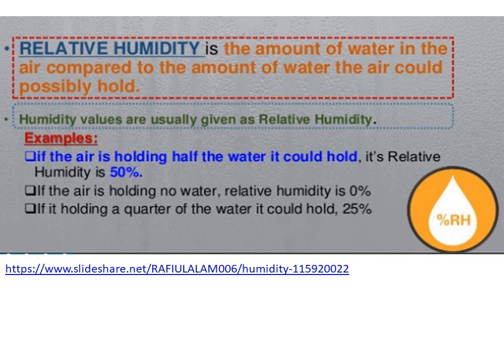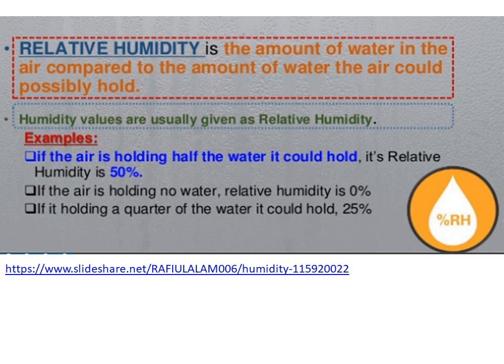So, tingnan nyo po yung drawing dito. Sa baba, merong bilog, tapos may nakasulat %RH or relative humidity. Ibig sabihin, for example, meron ka ditong air na nasa loob ng bilog na color orange. Pero yung amount ng iyong water vapor or the amount of water is itong nasa white, sa loob ng white.